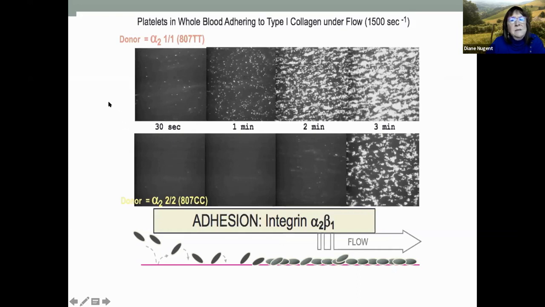And again, this doesn't result alone in a major bleeding problem, but in addition to von Willebrand's, maybe factor 8, factor 7 deficiency, you tend to bleed more than a normal person that has the same level of factor 7 or factor 13 or von Willebrand's. Whereas this person, if they have von Willebrand's, doesn't even know that they have it.